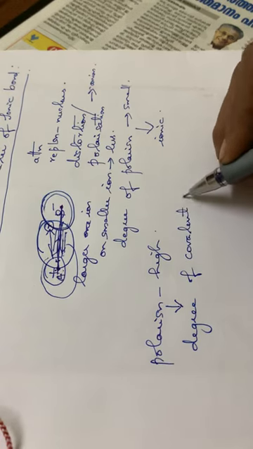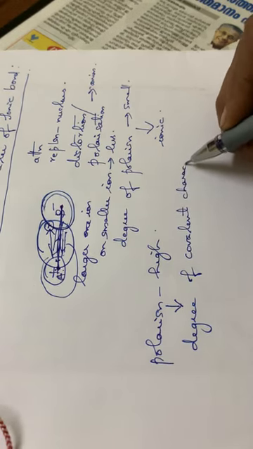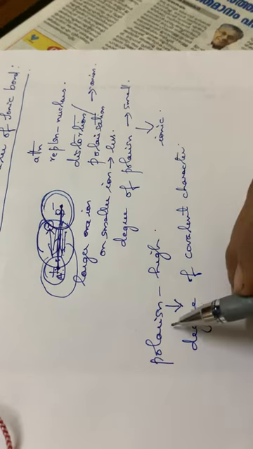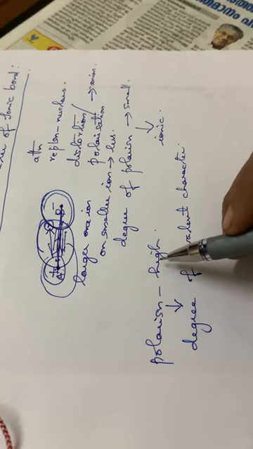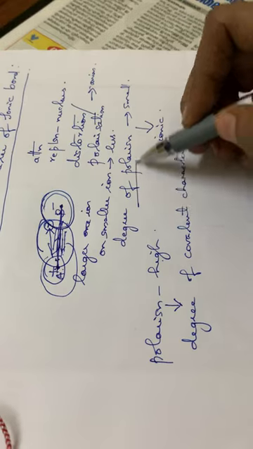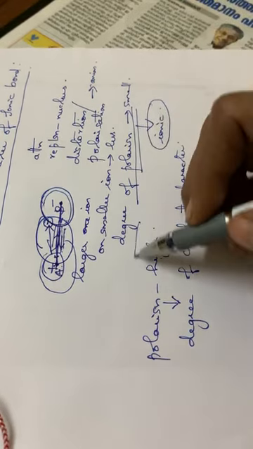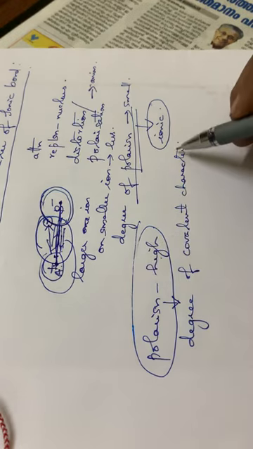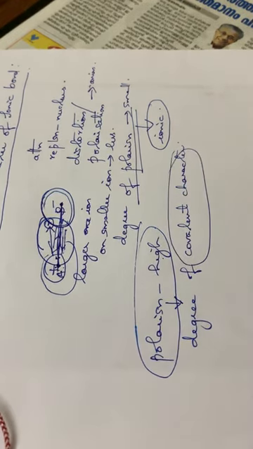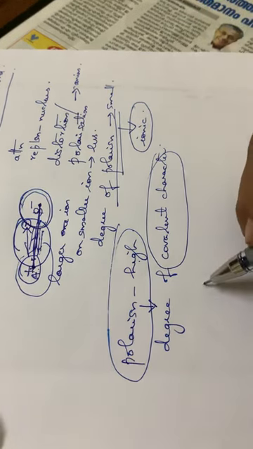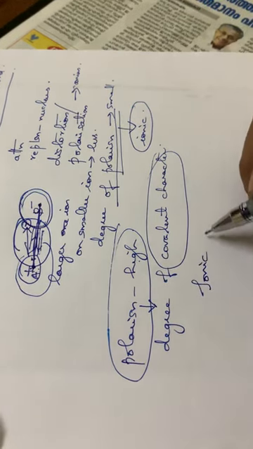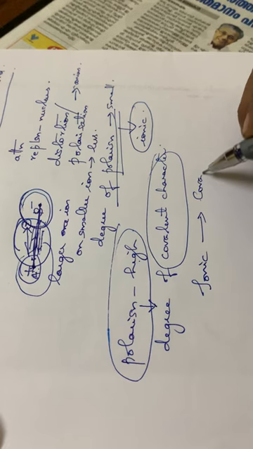That means a covalent character will be developed in an ionic bond if the degree of polarization is high. If the degree of polarization is small, the bond will be ionic in nature, and if it is high, the bond will be covalent in nature. So we can see there is a transition from ionic to covalent character, isn't it?